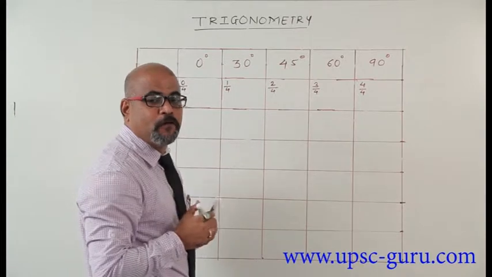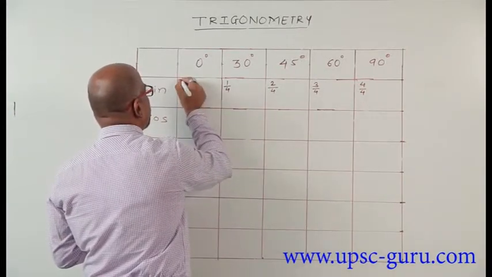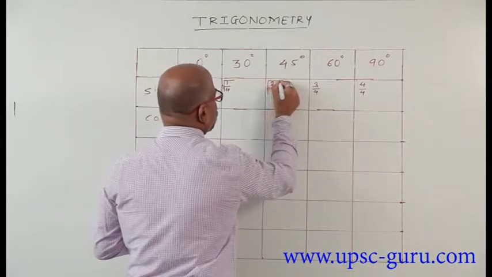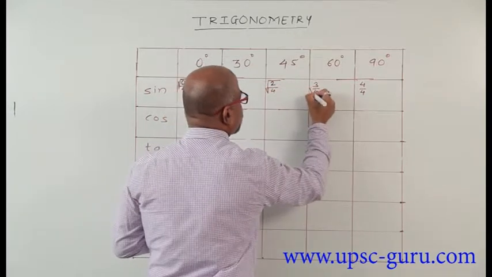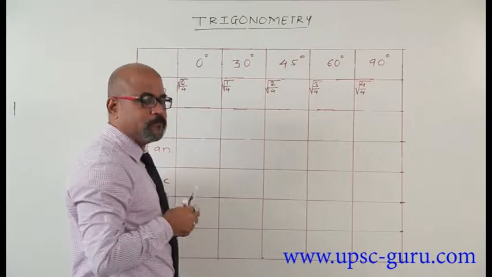Now find out the square root of all these numbers. Square root of 0 by 4, square root of 1 by 4, square root of 2 by 4, square root of 3 by 4 and square root of 4 by 4.